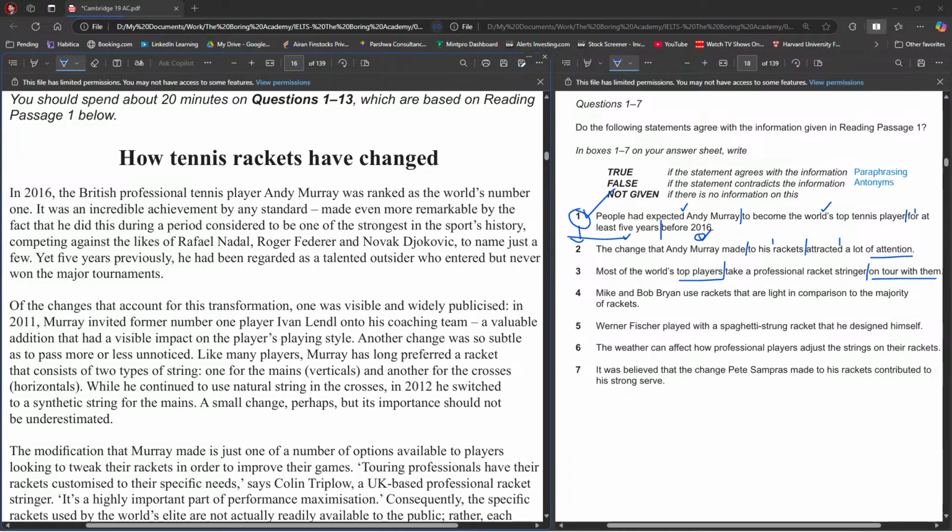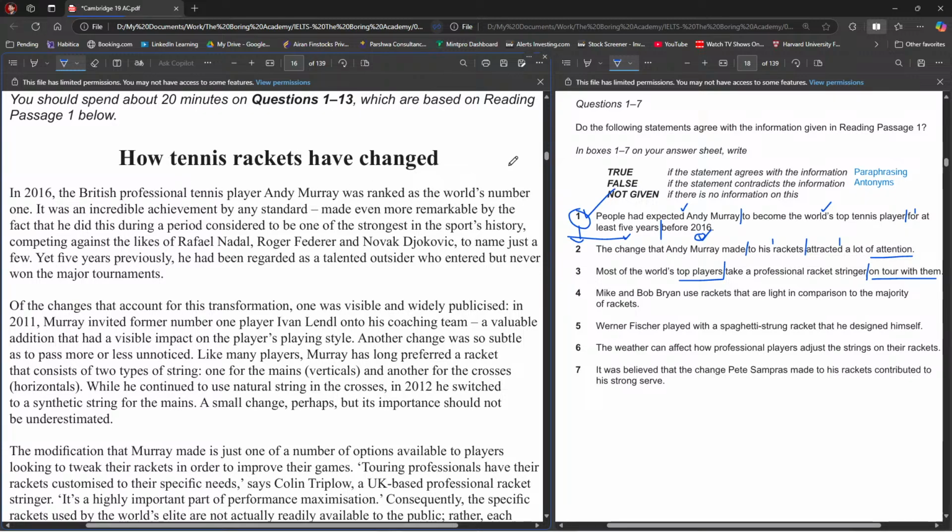So what I need you to do is make sure that you read every single day in your mind as well as out loud whenever possible. This will make reading more comfortable for you. What I'll do is I'll read the passage, I'll explain the paragraphs and sentences word by word, and then I'll again ask the same question. What is the answer? So in 2016, the British professional player Andy Murray was ranked as the world's number one.